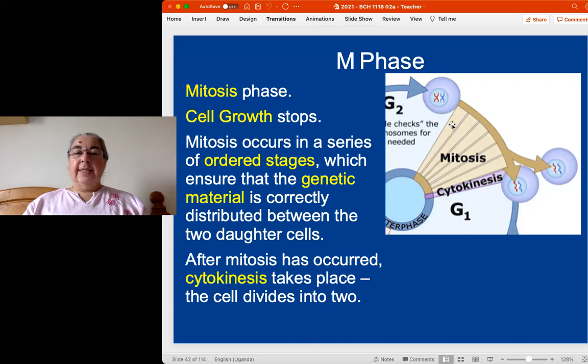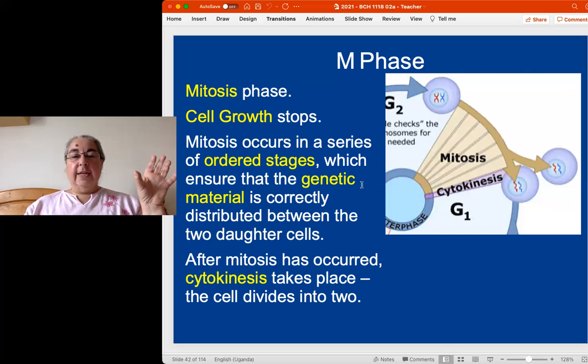Mitosis has a series of stages, which are indicated here by these lines. And again, they're ordered stages. Each one has to happen in the right order. And this is to make sure that the genetic material is correctly divided between the 2 new daughter cells so that each new nucleus has a complete set of genetic material.